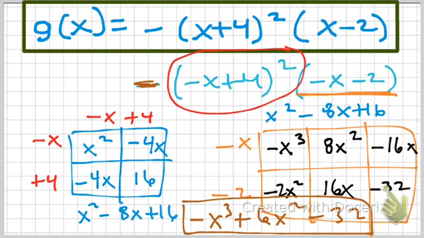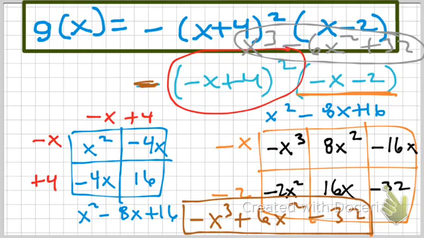So then you would change all of those. So our ultimate answer, if you did substitute negative x, would be x cubed minus 6x squared plus 32. Now to double check that algebraically, I would have to go back to the other function and actually distribute all of those out. Does that make sense?